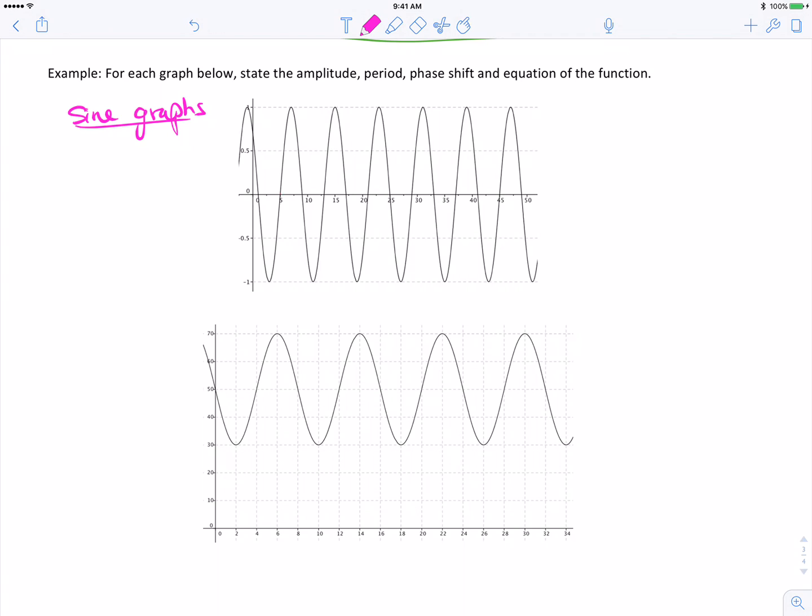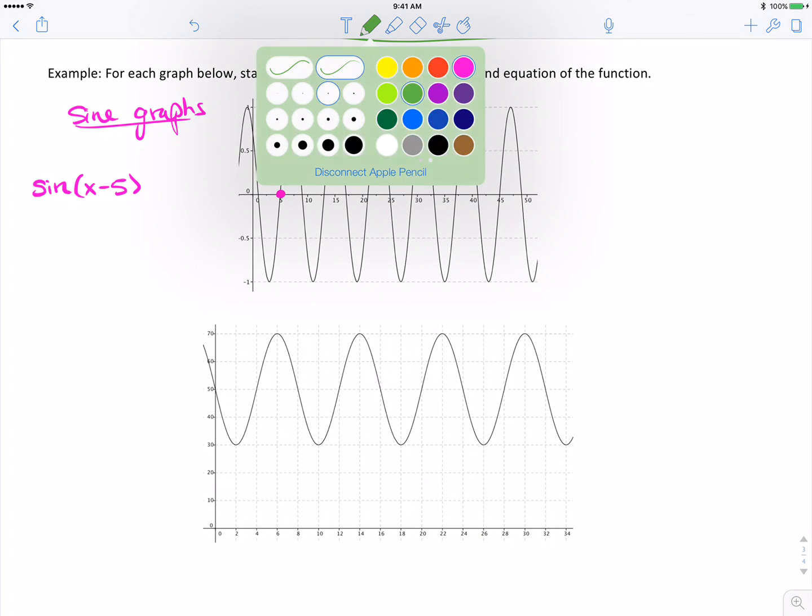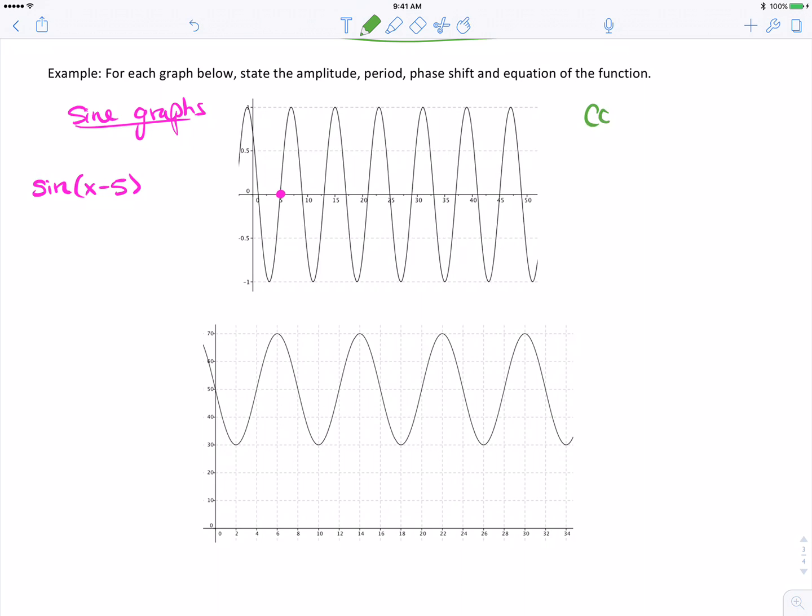So let's say this is my sine graph here, starting point. It goes down to -1, +1. So my amplitude out front is positive, but I'm being shifted 5 units to the right, x minus 5. And notice my midline is still at 0, so there are no transformations.